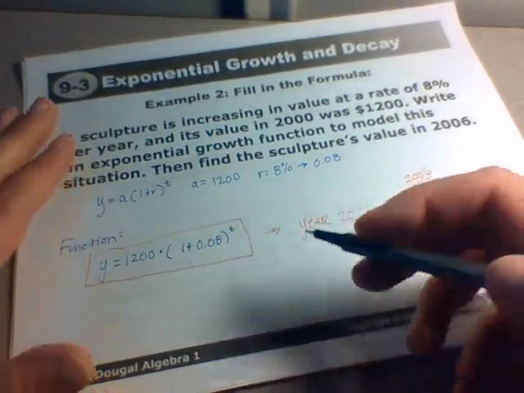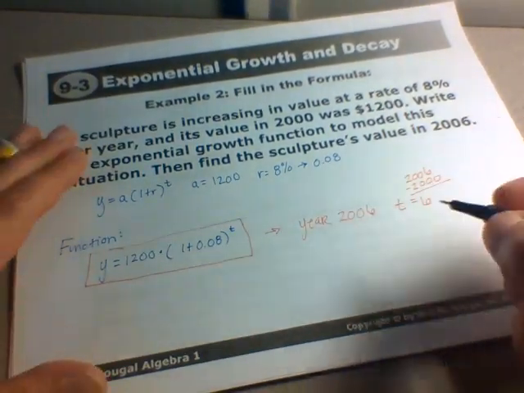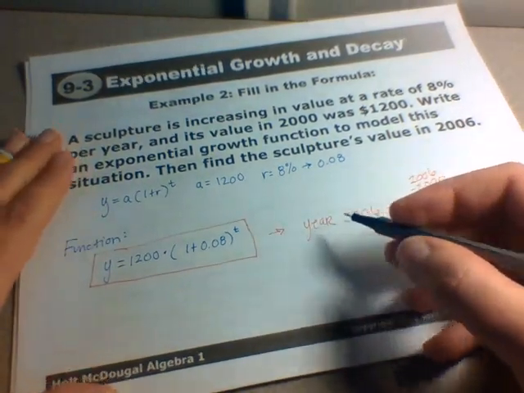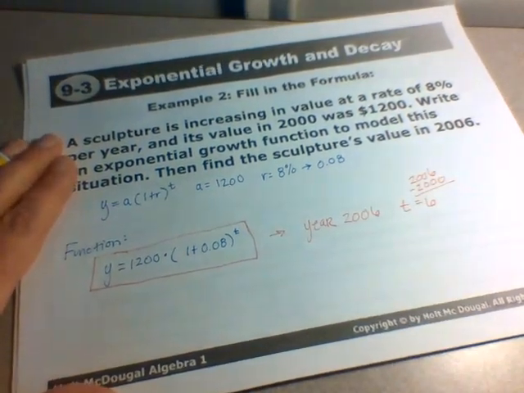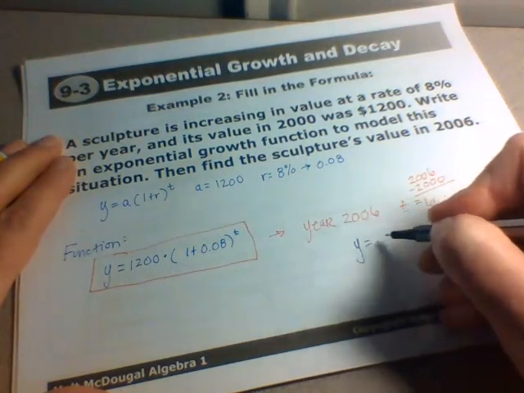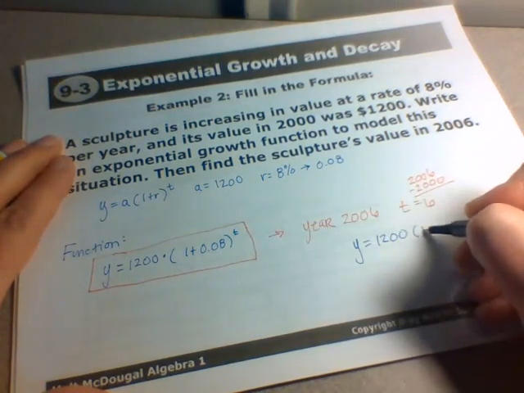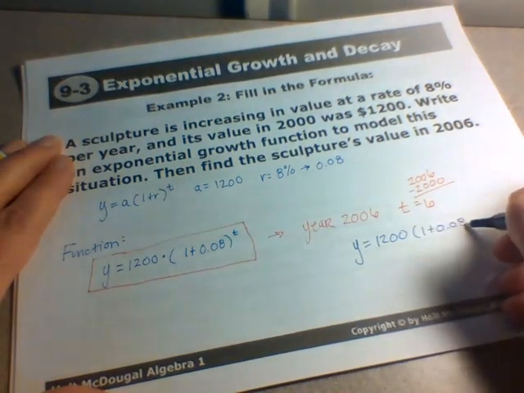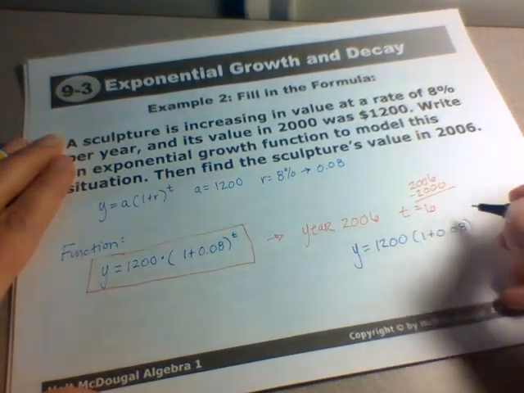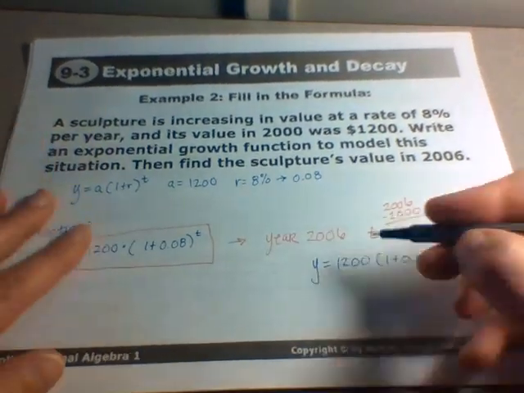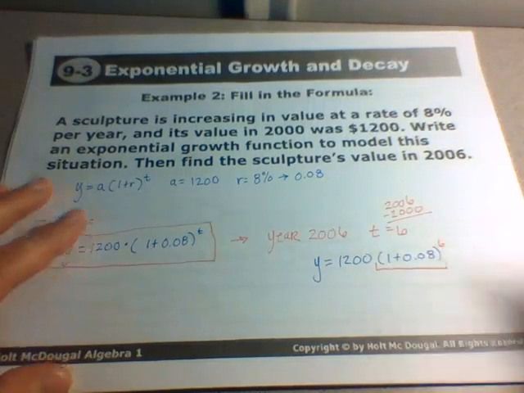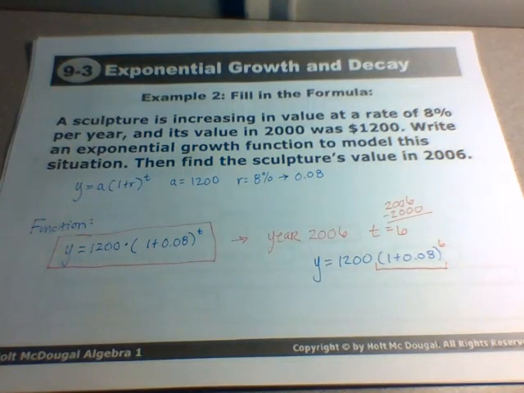That would make this a very nicely priced sculpture. So in that case, we're going to plug in 1,200 times 1 plus 0.08, raised to the 6th power. So again, evaluating this addition there with a power means that we'll have 1.08 to the 6th.